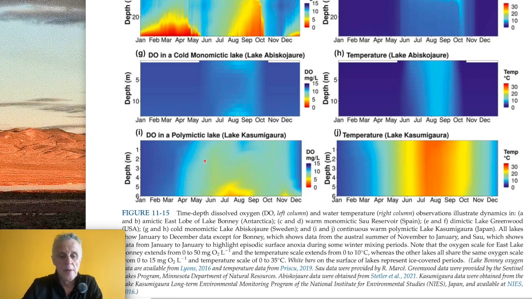In the winter, the dissolved oxygen is pretty even, and then starting with the spring, we start to see a lowering of oxygen concentration throughout the lake, and the presence of a chemocline here. And they were saying in the text that the presence of that chemocline, or the loss of oxygen, is due to consumption of oxygen by biota in the sediment.